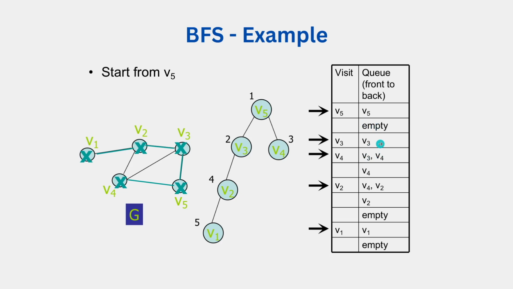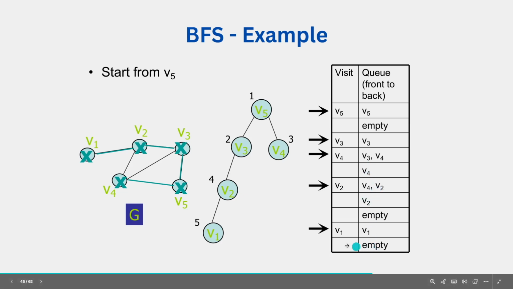When we mark V3 as visited, then we bring in V4. We keep on doing this by adding neighbors every time. Whenever a vertex is marked visited, its neighbors are all added to the queue, provided they are not visited yet. We continue to do this until we reach the last vertex, which is V1.